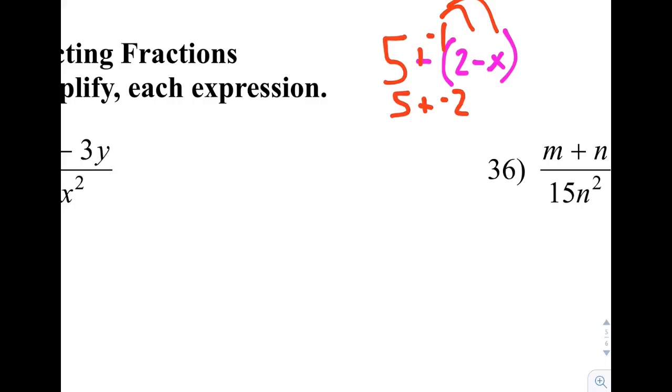But it would also change the sign of the thing over here. So if we take negative 1 times negative x, it would become positive. So it flips the sign, changes the sign of everything in the parentheses, or when we get to fractions, everything in the second fraction in the numerator.